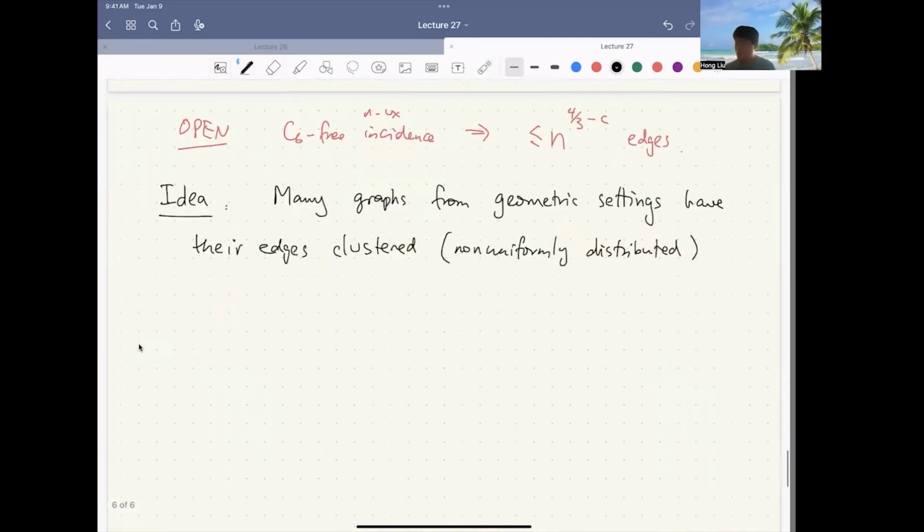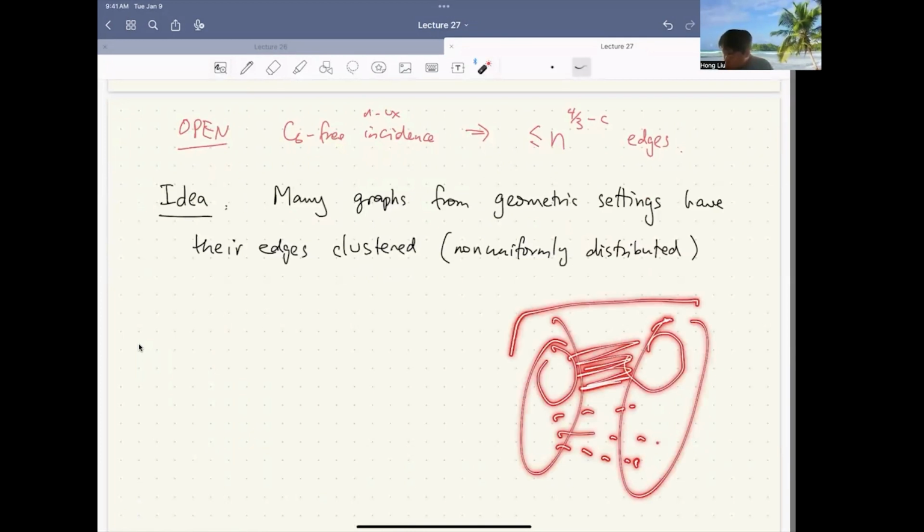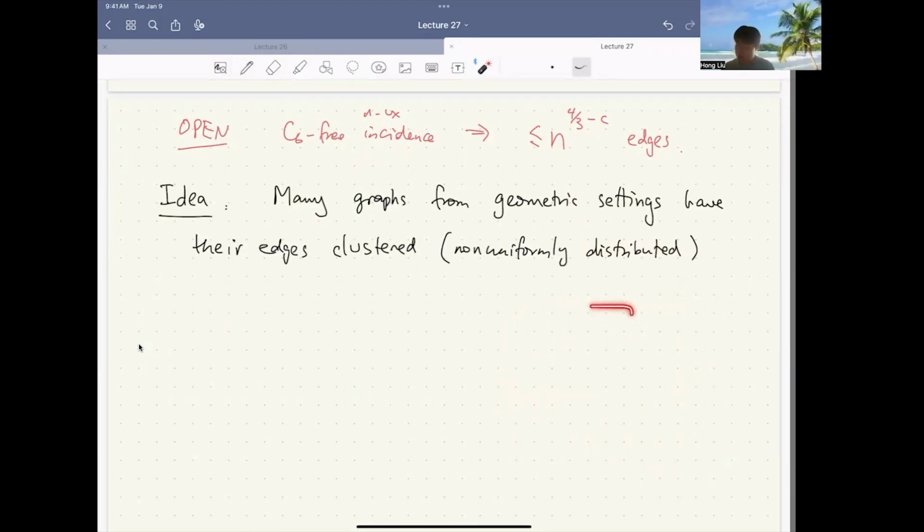What does it mean? Why is it helpful? Well, in the case of a bipartite graph, since the edges are not uniformly distributed, somehow we can zoom into some parts that have density much higher than the average density of the graph. Then oftentimes on this much denser part, we can obtain better results than for generic graphs.